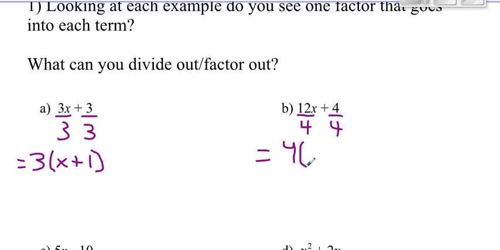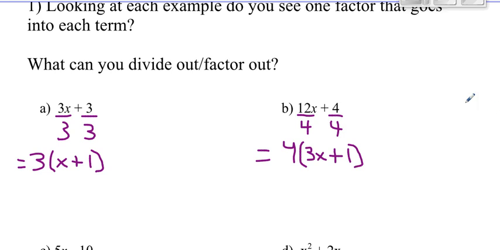Don't drop the variable because there's nothing that's going to divide it out, so it stays. Then I have 4 divided by 4, which gives us 1. So my common factor is 4. When I divide both terms by 4, I'm left with 3x plus 1.